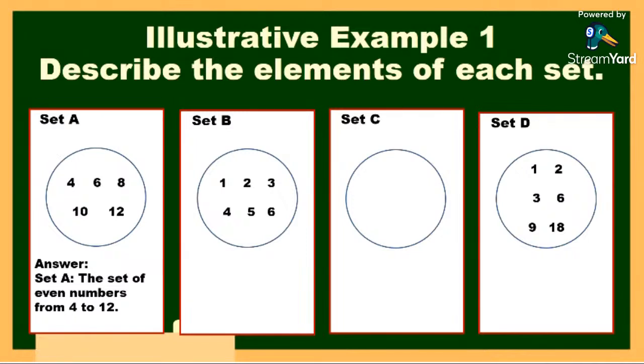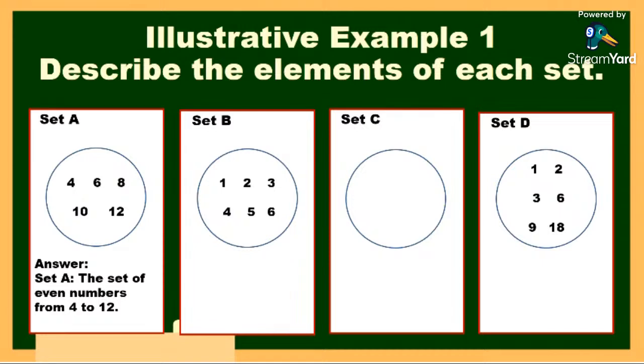Okay, even numbers siya kasi nga even numbers yung ibinigay na elements. Then from 4 to 12, kasi yung ibinigay na elements doon ay nagsimula kay 4 at nagtapos kay 12. So, kaya yan ang definition ng set A natin. The set of even numbers from 4 to 12.